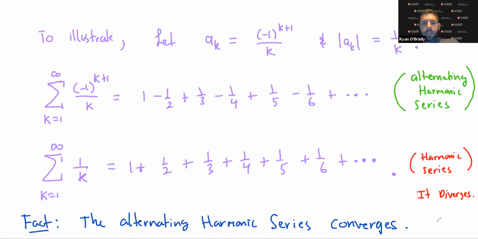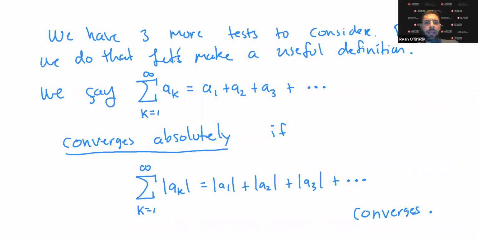Let me explain this again. Take any series. This is your series. If it so happens that when you modify it, taking the absolute values of its terms, it still converges, then you say it is an absolutely convergent series. Again, I start with this series.